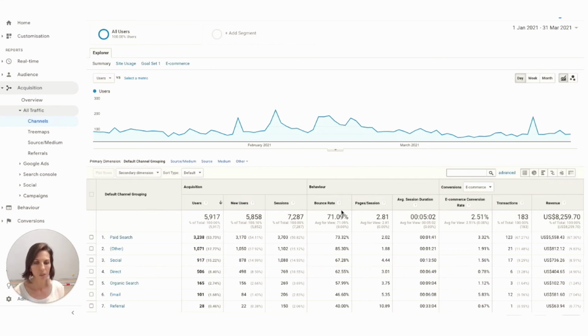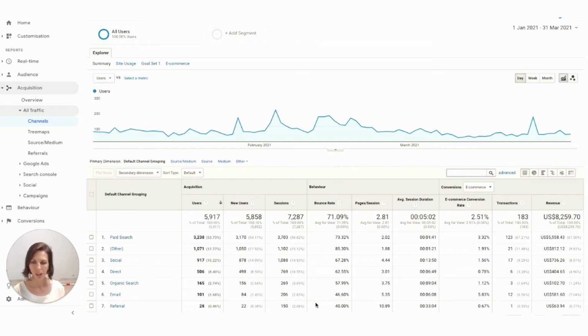Remember that bounce rate correlates with the conversion rate. The higher your bounce rate, the faster people drop off, and typically the lower the conversion rate is going to be, because people won't be staying and shopping. Then what you want to see here is the conversion rate from each channel.